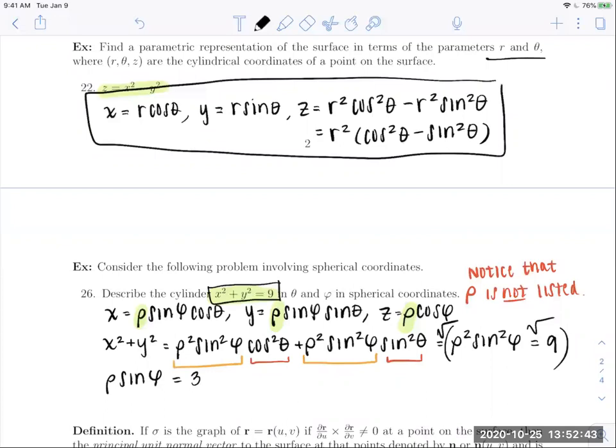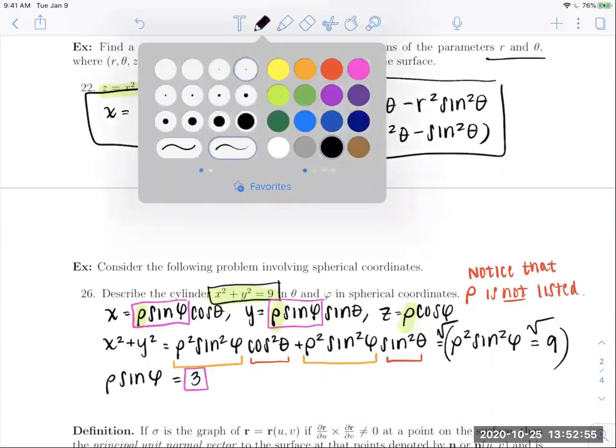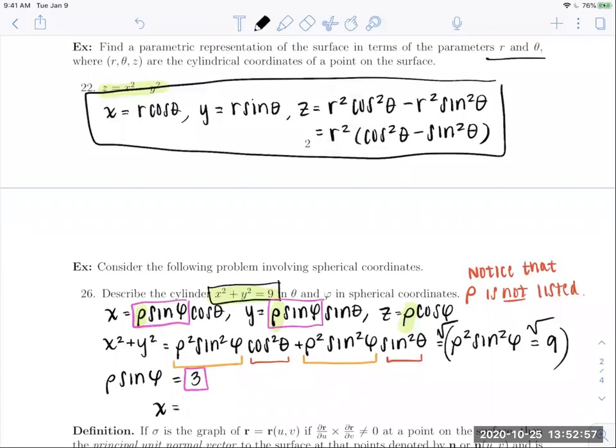So let's go back up to our coordinates here. I see a rho sine phi and a rho sine phi. Those can be immediately replaced with 3. So let's do that first. x equals 3 cosine theta and y equals 3 sine theta.